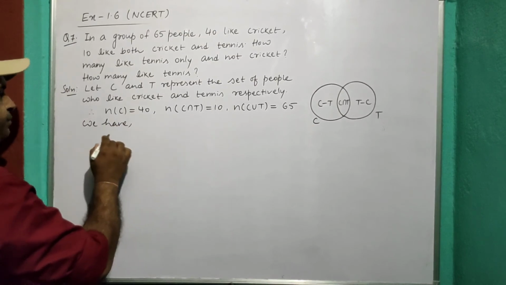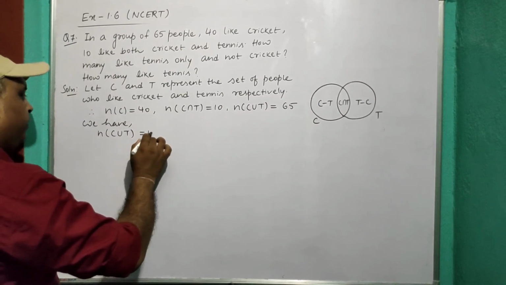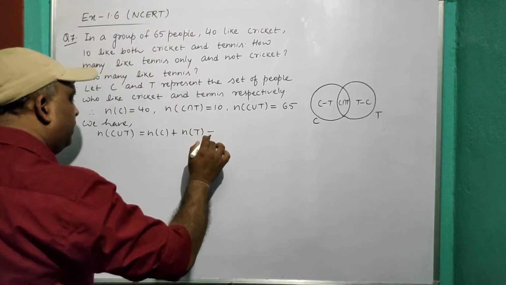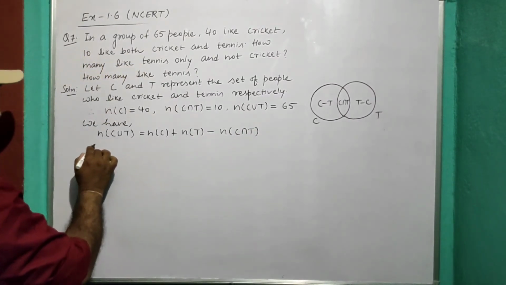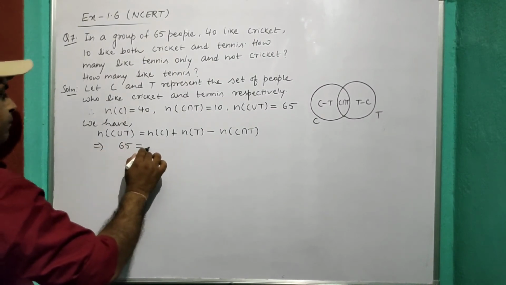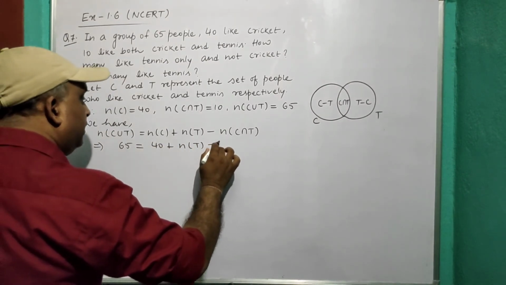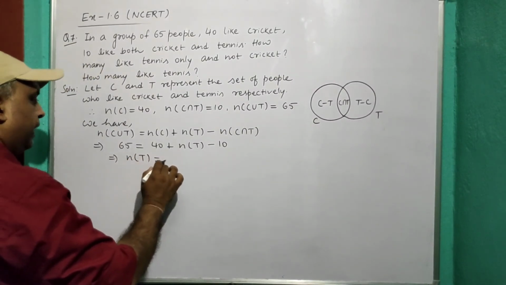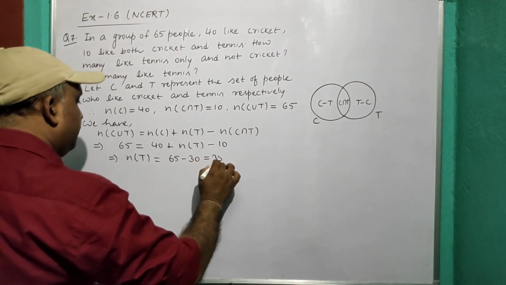So we have N C union T equal to NC plus NT minus N C intersection T. Now this implies 65 equal to 40 plus NT minus 10, or from this you can find NT as 65 minus 30, that is 35.